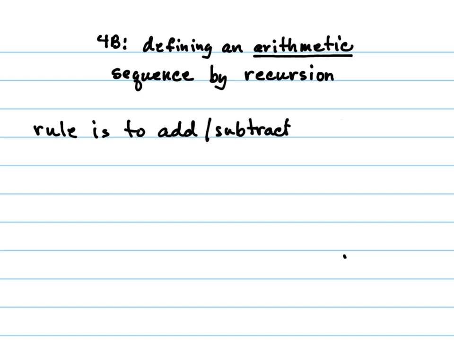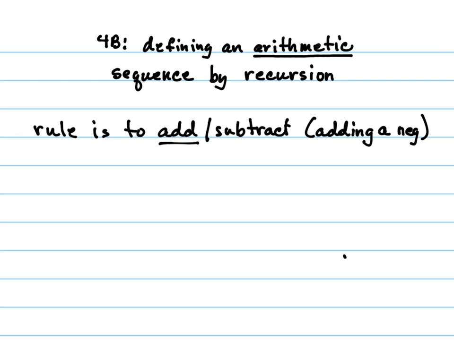Technically, you're only adding, but you're subtracting if you're adding a negative. So we typically like to think of that as subtract, but adding a negative or subtracting a number means the same thing.